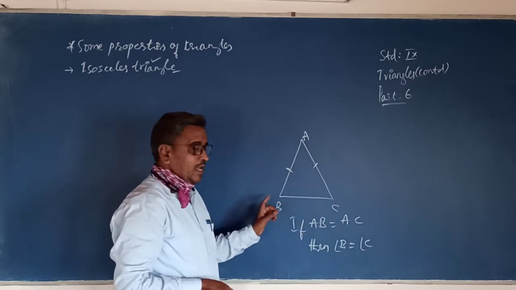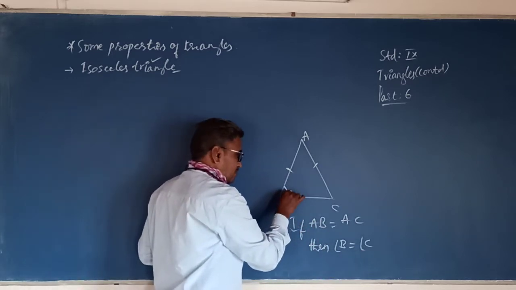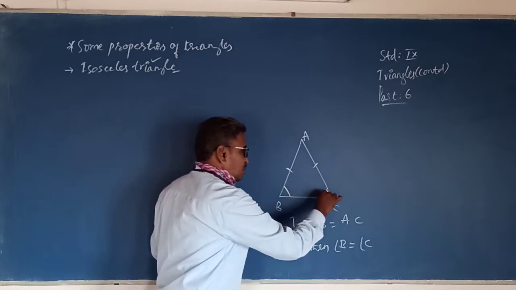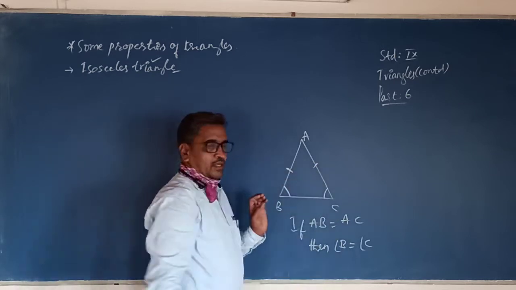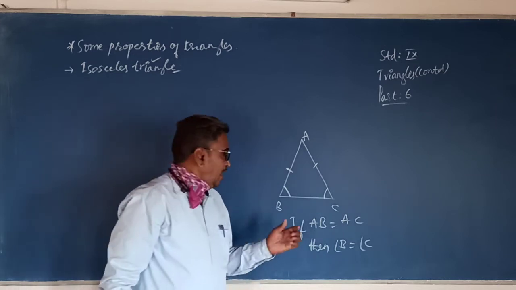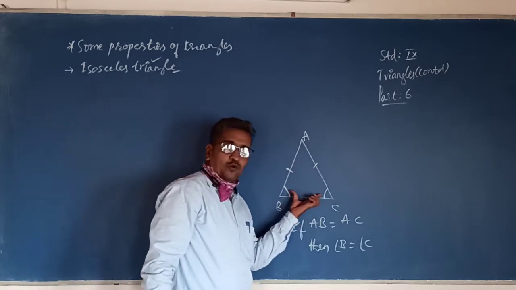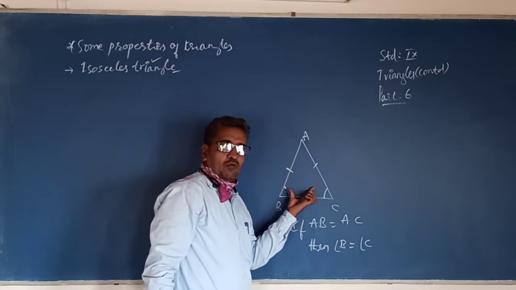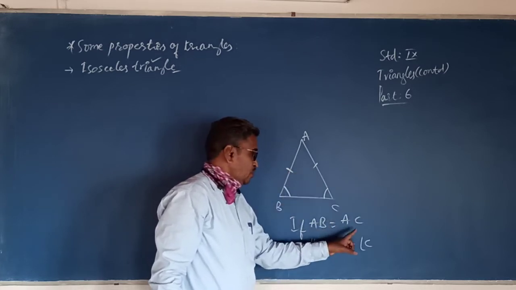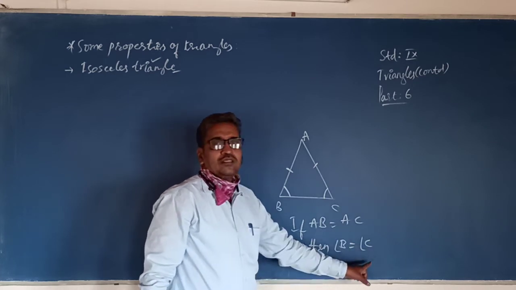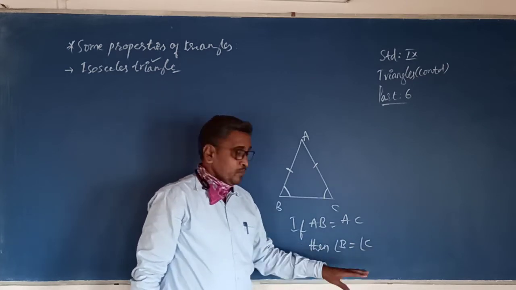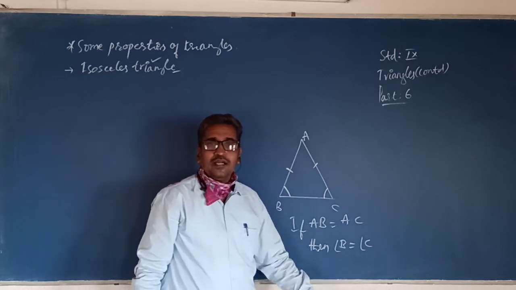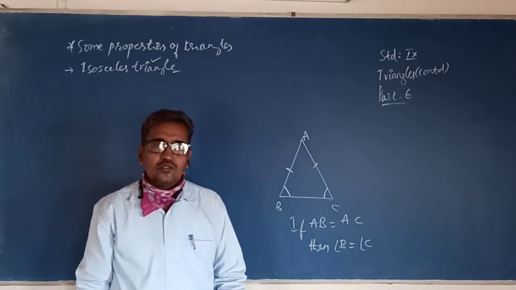AB is equal to AC, then angle B is equal to angle C. What is the relation? Angle B is opposite to AC, angle C is opposite to AB. It means that angles opposite to equal sides of a triangle are also equal. And also the converse: if angle B is equal to angle C, then the sides opposite to equal angles are also equal.